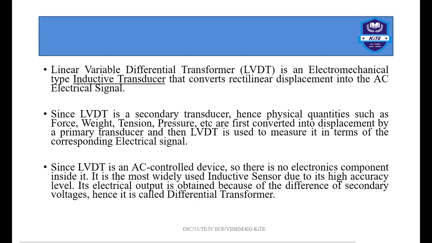Since this LVDT is an AC controlled device, there is no electronic component involved in this. It is the most widely used inductive sensor due to its high accuracy level. Its electrical output is obtained because of the difference of the secondary voltage. Hence, it is called a differential transformer.